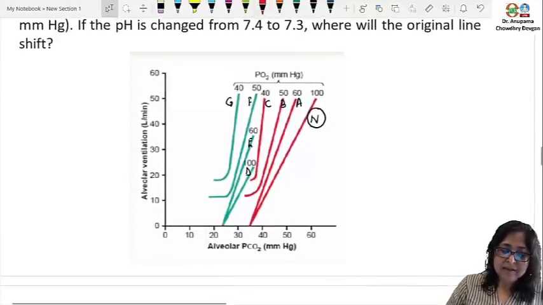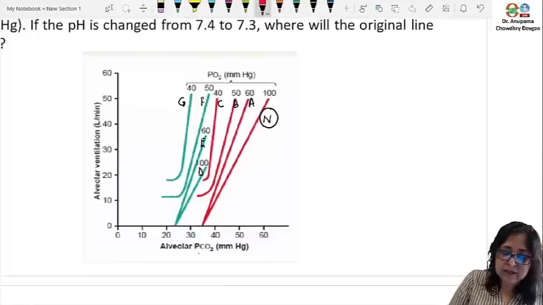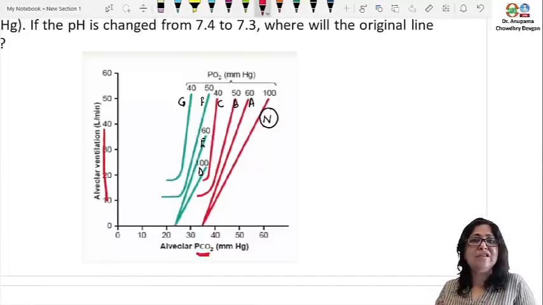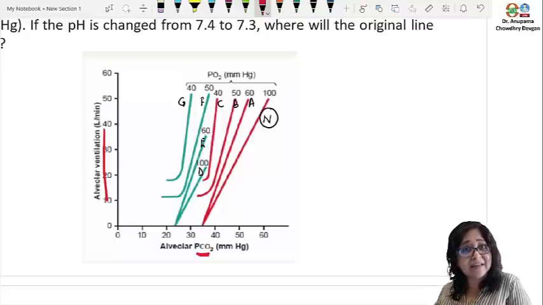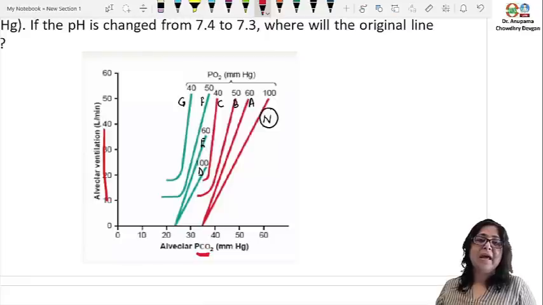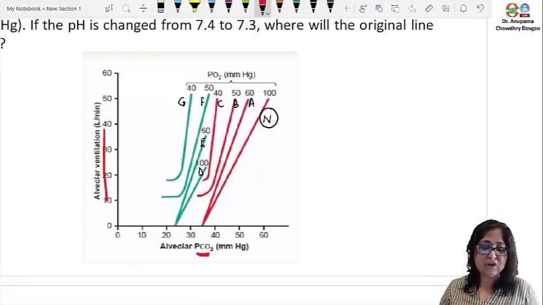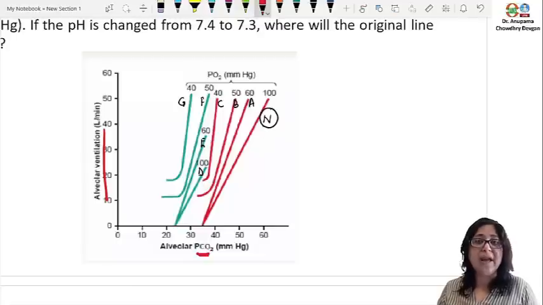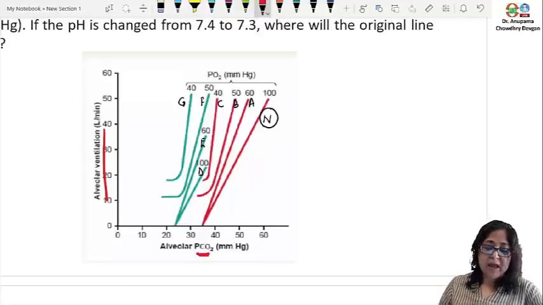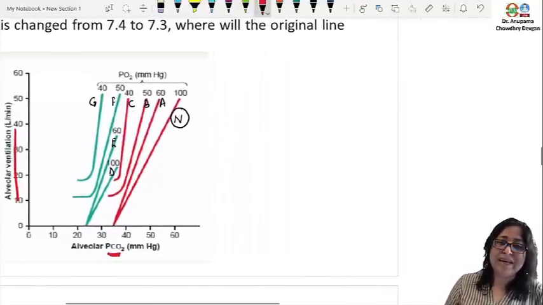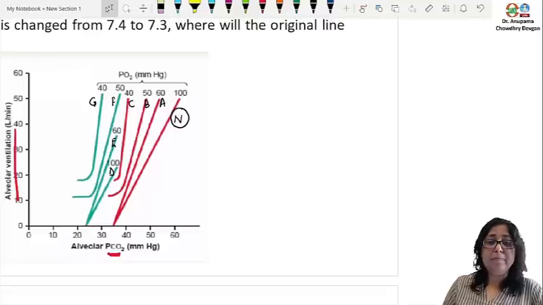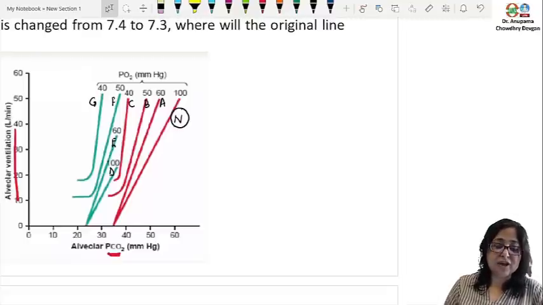Now, basically, this is showing you the relationship between CO2 and alveolar ventilation. And we know that as CO2 increases, it will stimulate the peripheral and the central chemoreceptors. And that results in an increase in rate and depth of ventilation, or increase in total as well as alveolar ventilation. Now, the relationship between CO2 and alveolar ventilation is almost a straight line, as you can see.